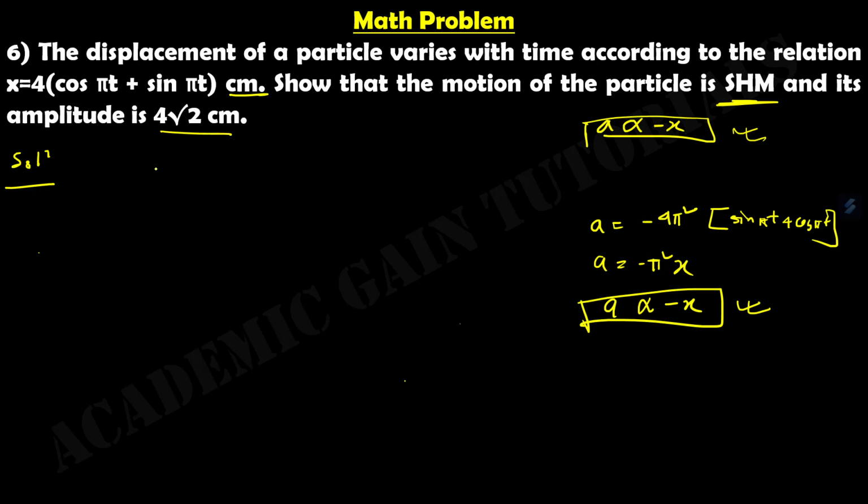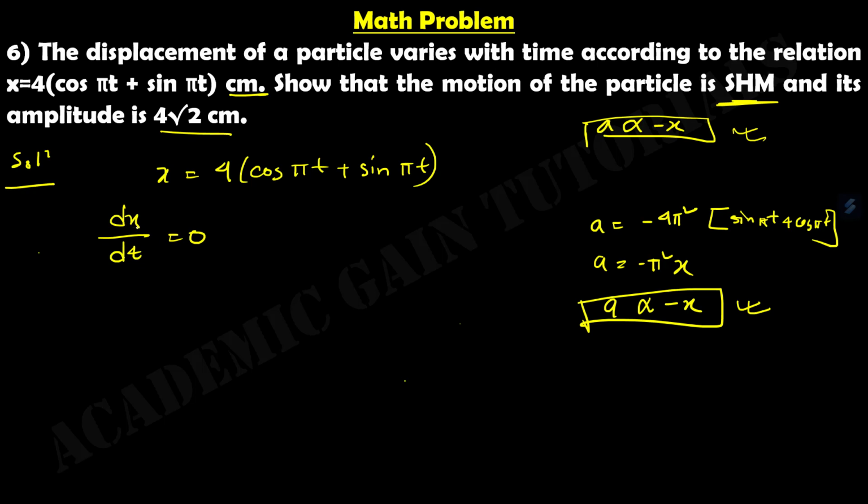Our equation is x equals 4 cos of pi t plus sine of pi t. So we have to find the amplitude. What is amplitude? The maximum displacement. When a particle is at maximum displacement, the derivative of the displacement with respect to time will be 0.